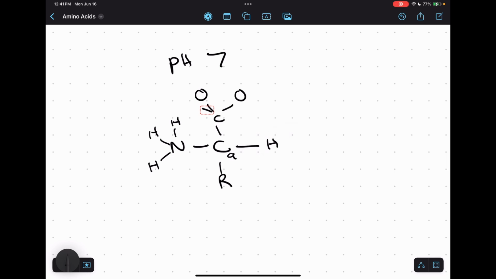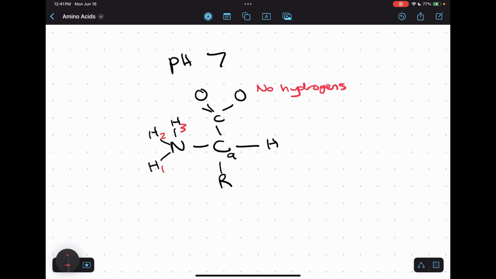We still have the hydrogen, and we still have the R group, but we actually have 3 hydrogens attached to the nitrogen. So we have 1, 2, 3 hydrogens, and then we have no hydrogens attached to the carboxylic acid group.